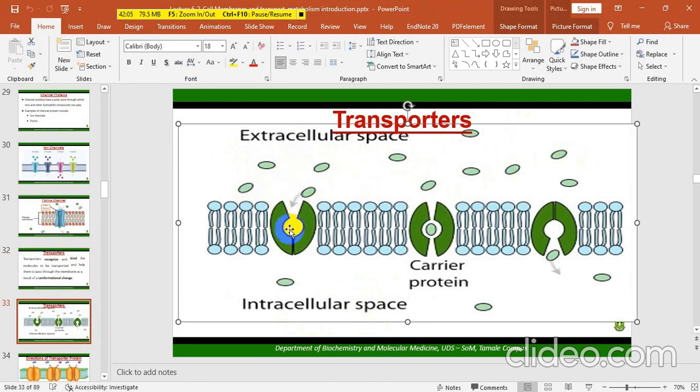This protein transporter has a strong affinity or strong attraction for these molecules. So when these molecules bind onto it, it will go through a conformational change. It will change its shape so that it can accommodate and transport the particle across the cell membrane. You can see that it has opened its mouth to deliver the particle, then it will change back to this shape.